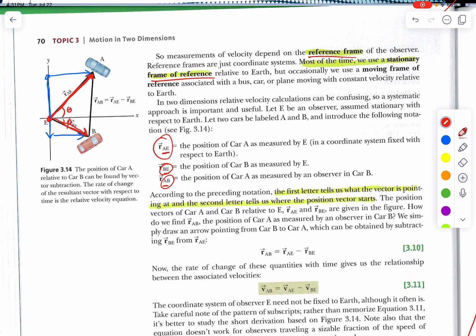And then when we take the one vector and subtract the other vector, the two vectors that I've now drawn in red, the difference in those two vectors is going to be the vector in x, which is going to be the position of car A as determined from an observer in car B. And you can see that when you subtract these vectors, let's say we're going to subtract it in blue.